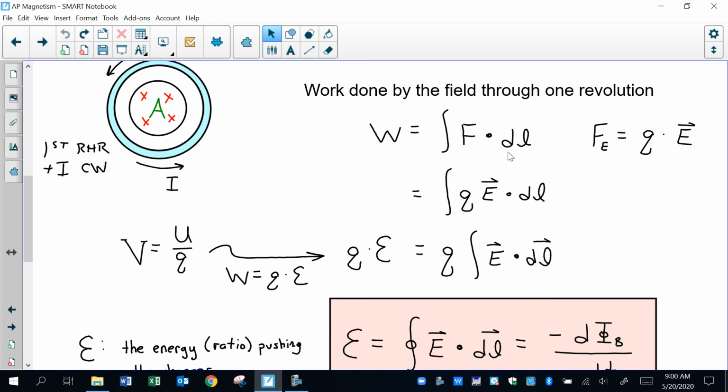So we find that our force is going to be our charge that's being pushed multiplied by the electric field, dot dL. And if we factor out Q, this right here, work, is energy. Energy is charge multiplied by voltage. So we actually have a way to figure out our voltage through this coil by doing E dot dL.